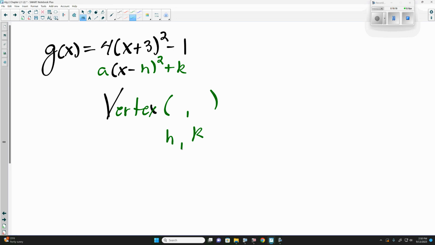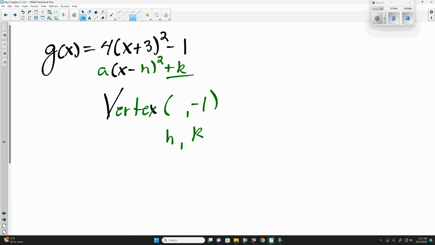And this is really for our y equals. The vertex is always h comma k, but we do have to be careful. There's another one, and we'll get to it, and I'll point it out when we get there. So we won't worry about it now. Now looking at this first, what is our k value in this function? So negative 1 for k, because it's exactly like it looks, we can grab it there.